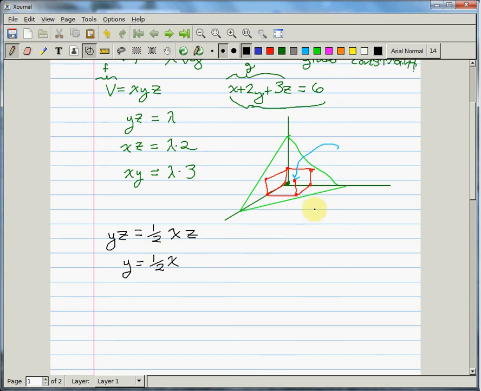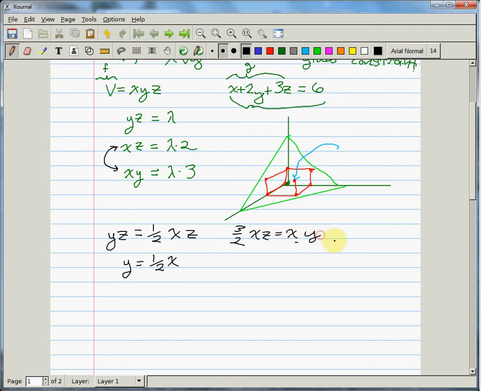So that's valid. And now, using a similar strategy with these two equations, we can say that x times z, if we multiply this by 3/2, then we get 3 lambda. So 3/2 times xz is equal to 3 lambda, which is equal to xy.